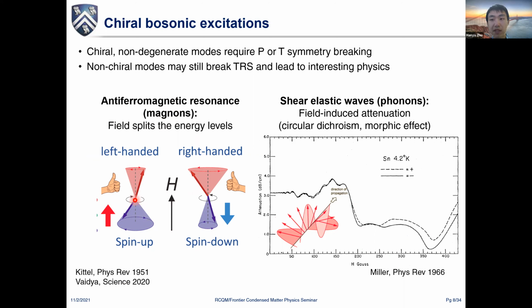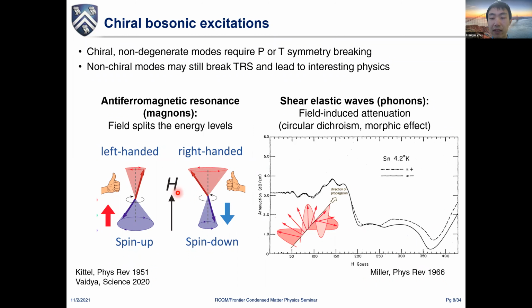The spins are opposite to each other such that they cancel each other. So that's why it's antiferromagnetic. But when a magnetic field is applied to this spin system, they can start to precess. And then there are two magnon modes that are originally degenerate when there is no magnetic field. But after applying a magnetic field, the magnons split into left-handed and right-handed modes, and they have different energy.